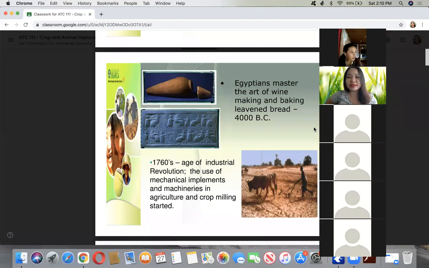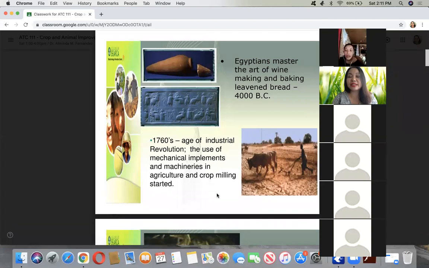Anyway, to continue, the 1760s was marked as the age of the Industrial Revolution. Humans used mechanical implements, so instead of only hunting and gathering food, they now had machineries in agriculture and even crop milling.